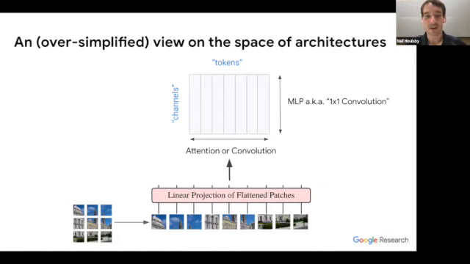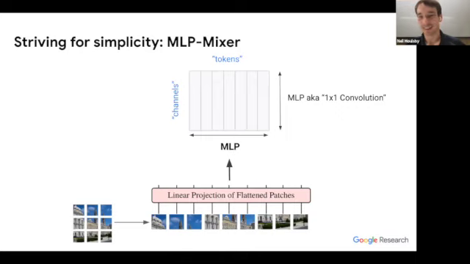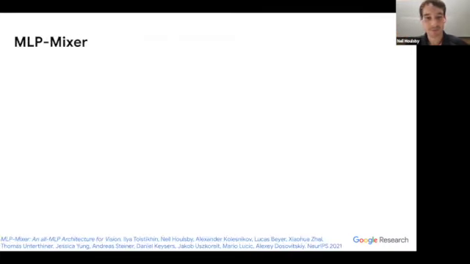So the other thing to try is, well, why not put the MLP on this other axis? Now it can no longer really be thought of as a convolution. It's a very weird convolution, and if you use a two-layer MLP, it's actually not equivalent to a convolution at all. But it's basically applying an MLP to every single channel independently across the tokens. So it's just a transpose of the standard one-by-one convolution.